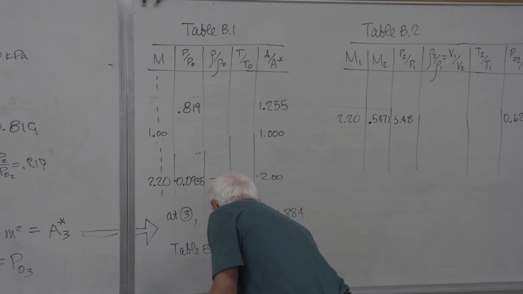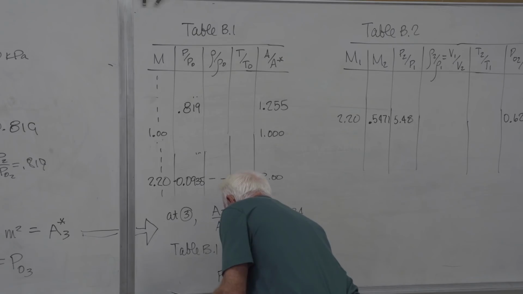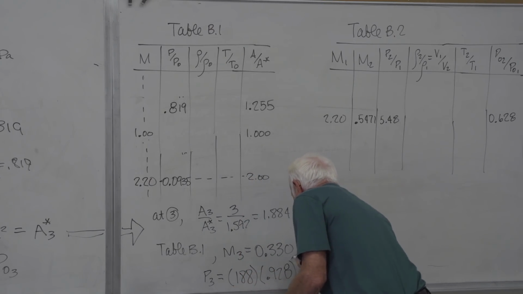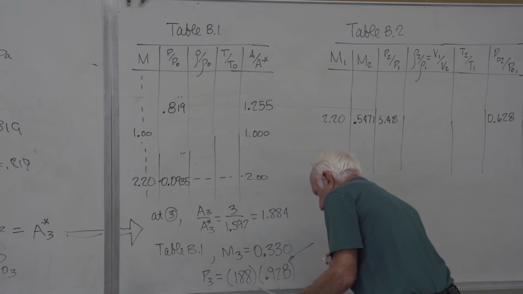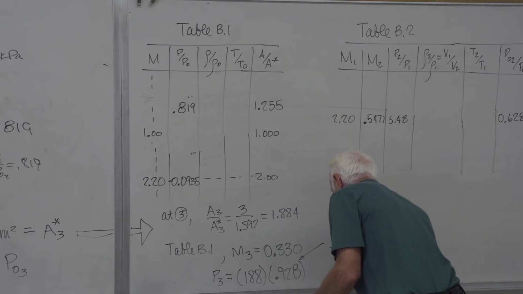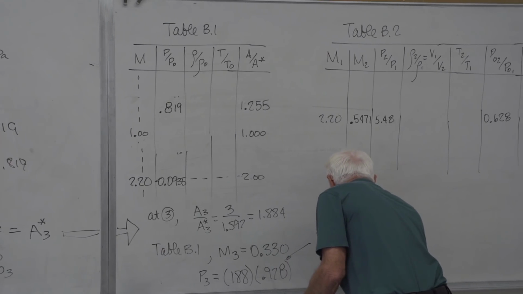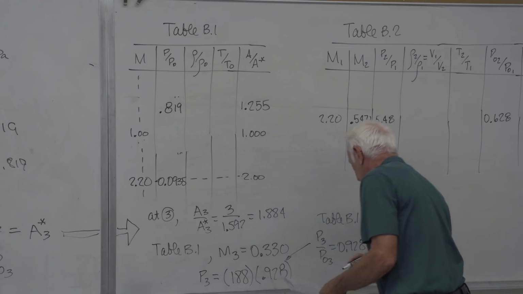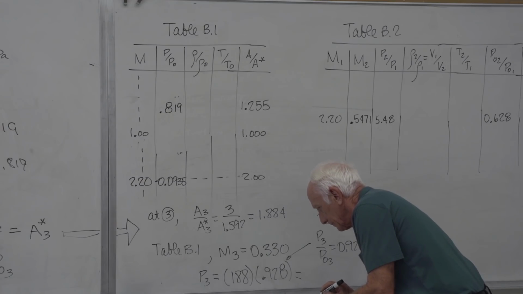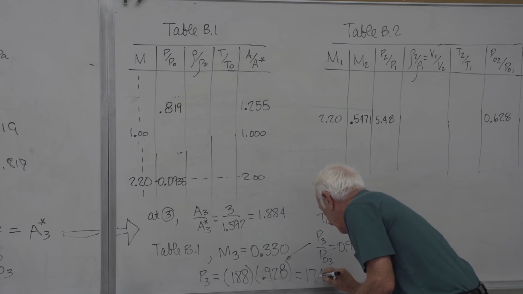P3, 188 times 0.928. That 0.928 is P3 over P naught 3, table B1. P3, the pressure at 3, comes out to be 174 kPa.